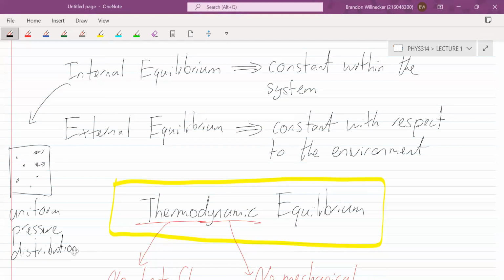If you've got a gas that's moving around, it will be in internal equilibrium if there's uniform pressure across the gas. So you don't have areas of high pressure or low pressure. In that case, it's going to be in internal equilibrium with respect to pressure.